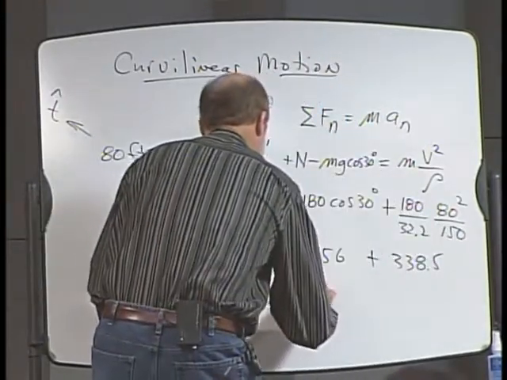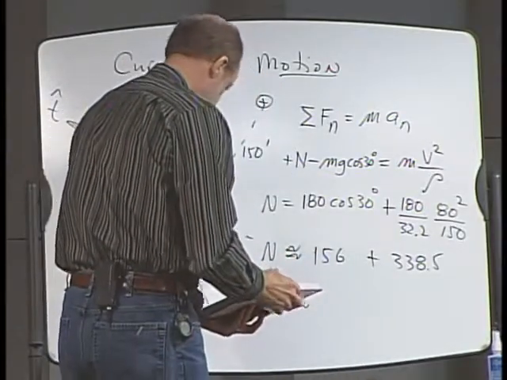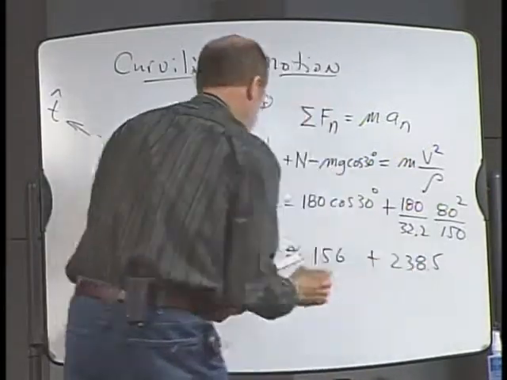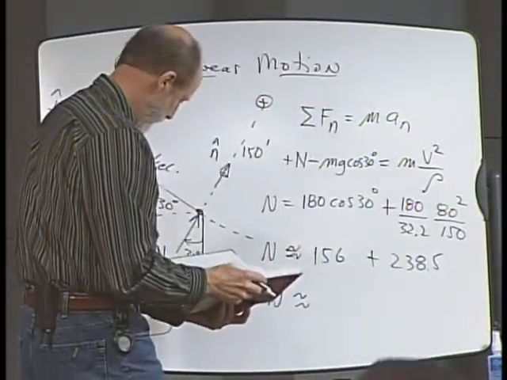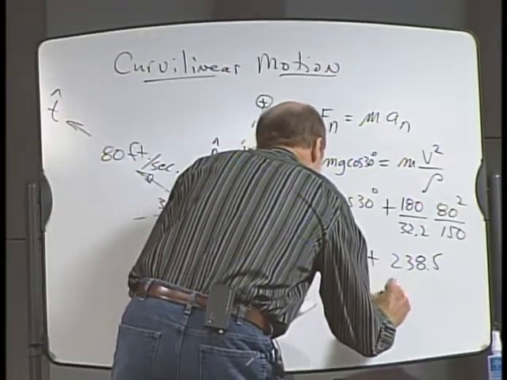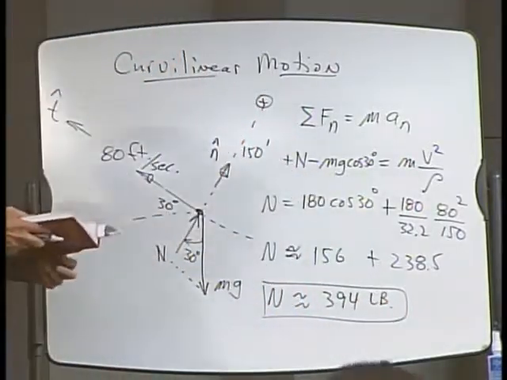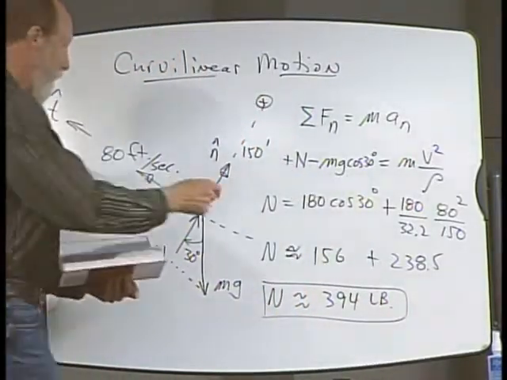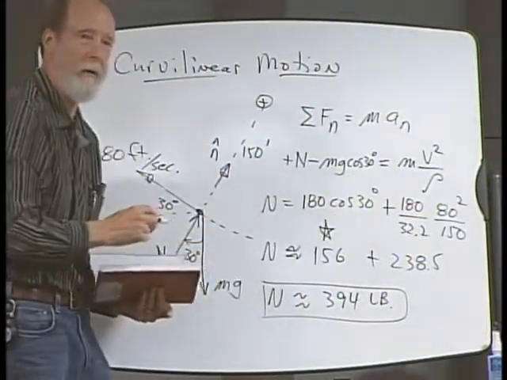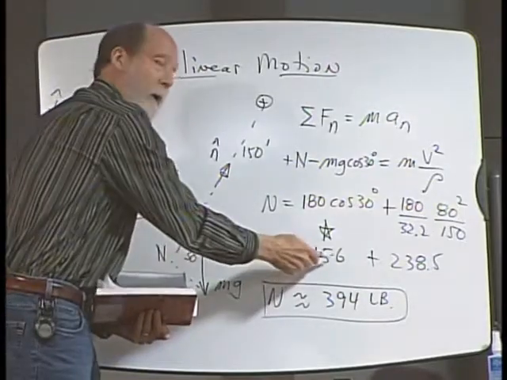For a total of, actually I wrote that wrong, 238. Don't have my glasses on. And for a total answer of 394. This is the component of the skier's body weight exerted normal to the incline, right here.